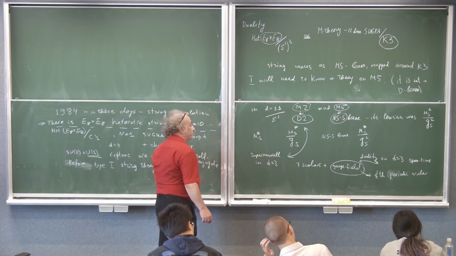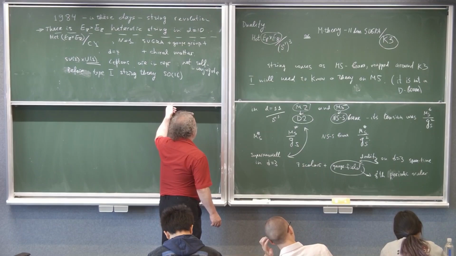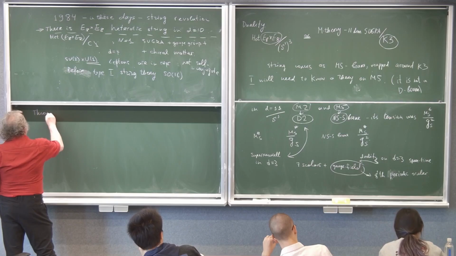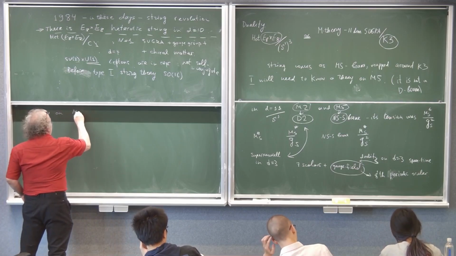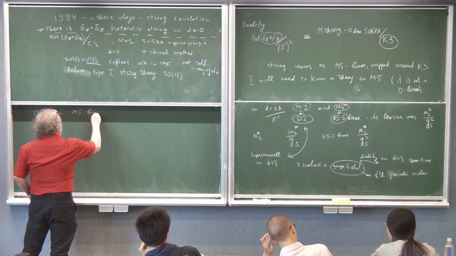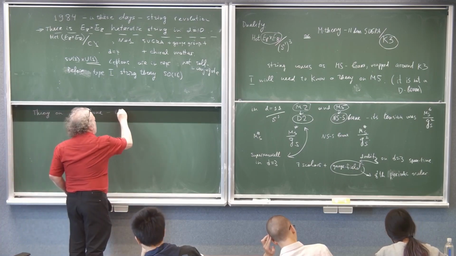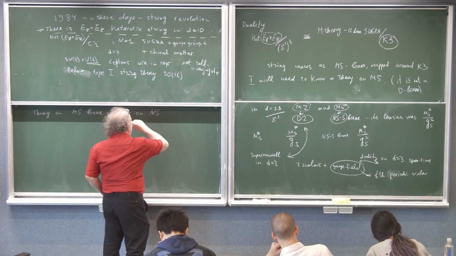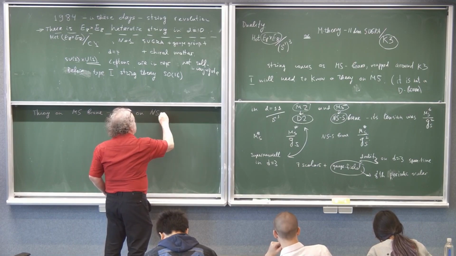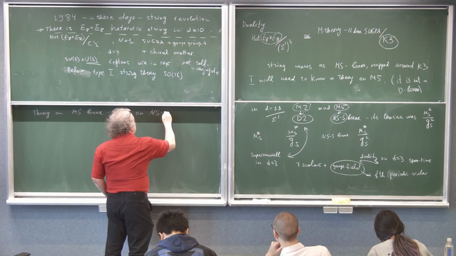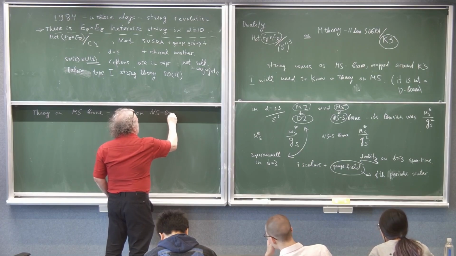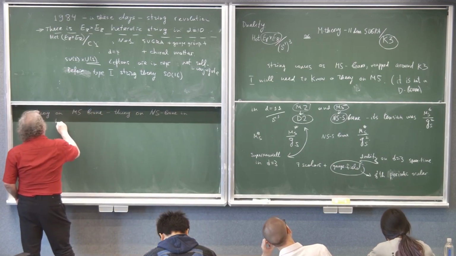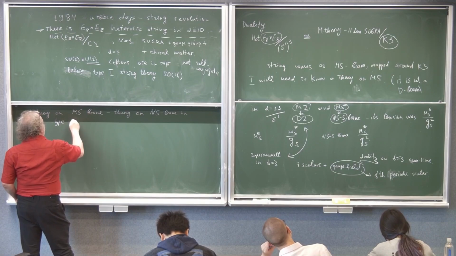Now we would like to understand the theory on the M5 brane, that is, on an NS5 brane in type 2A.